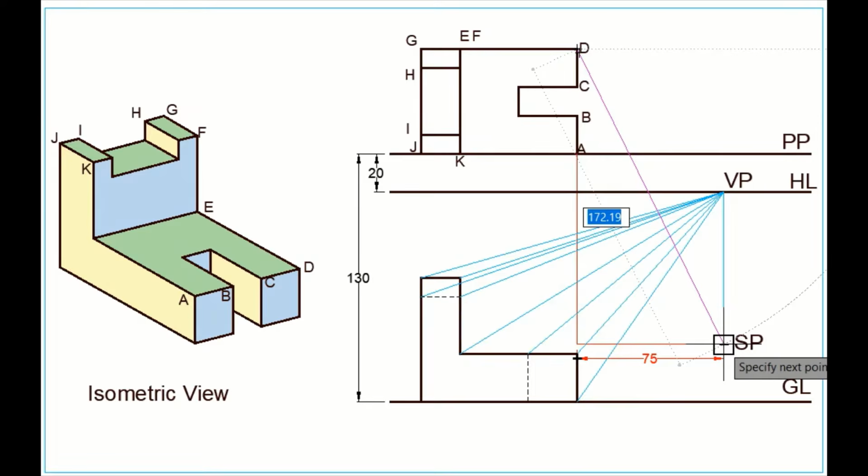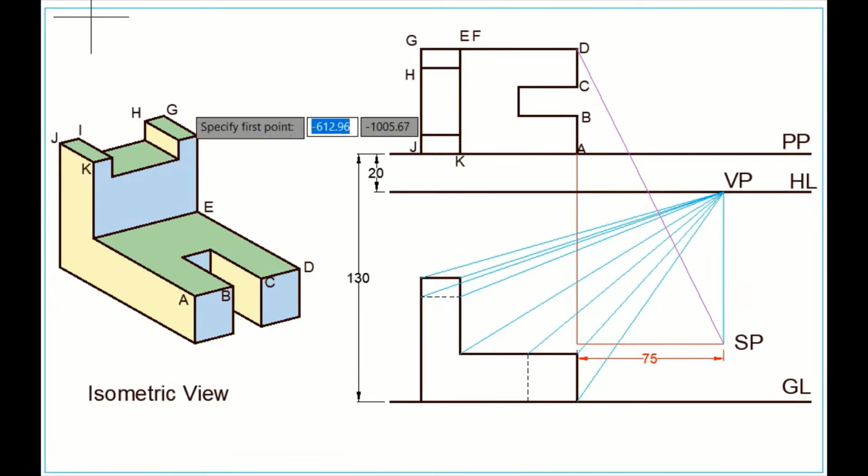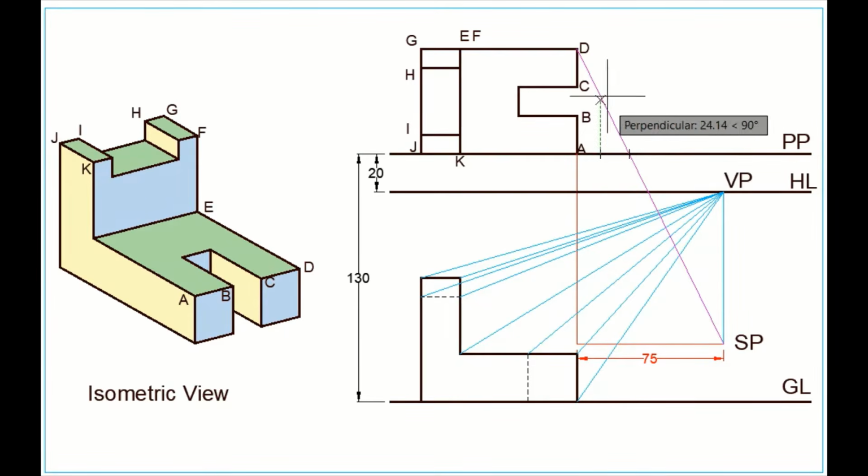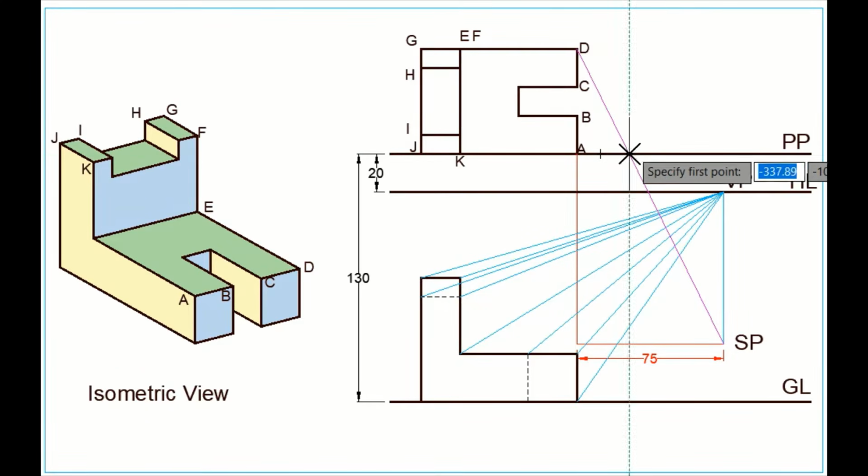I'm using a different color line just for identification. So for finding the piercing point for point D, I draw this line connecting D with the station point. Wherever this line intersects the picture plane line, this point of intersection is the piercing point for vertex D.